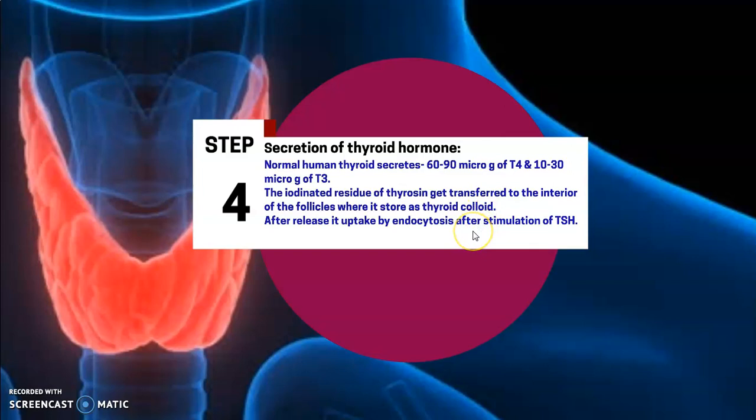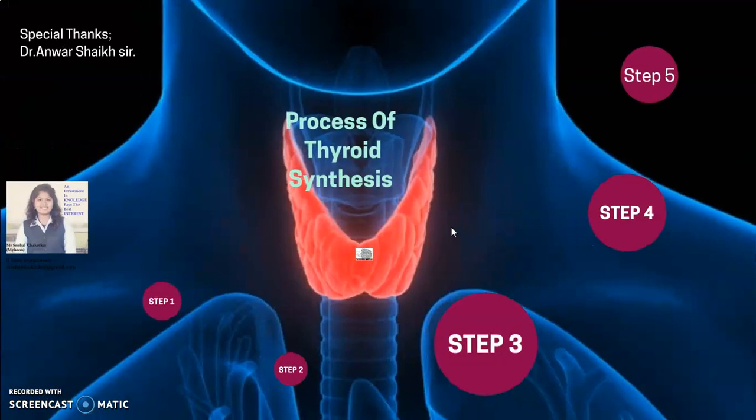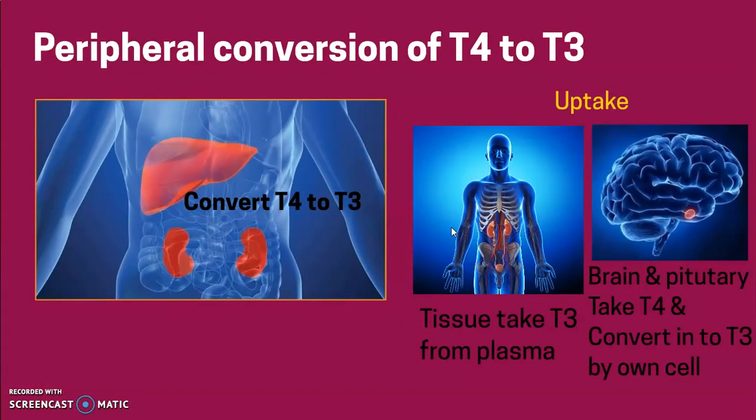Once there is a need, the body will send the stimulation with the help of thyroid stimulating hormone. Then with the help of the endocytosis process, the follicle cell causes the release of the thyroid hormone.